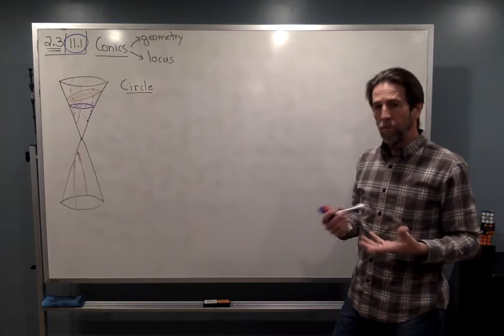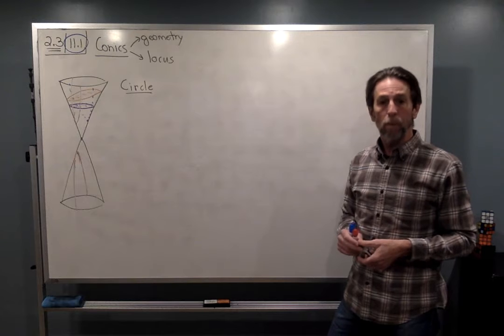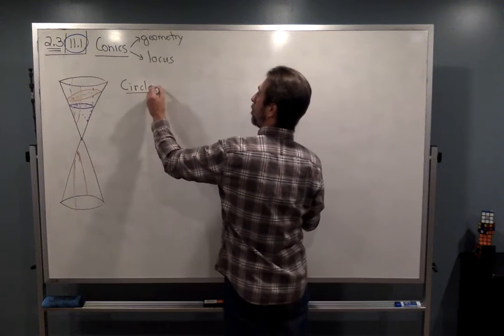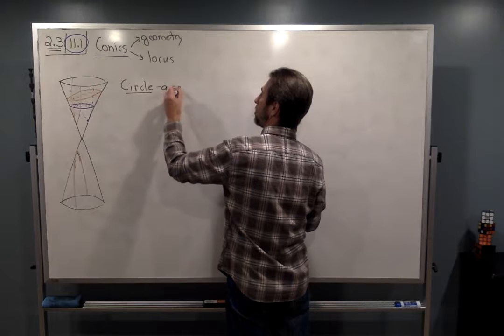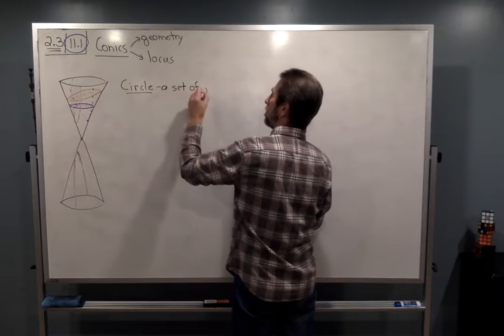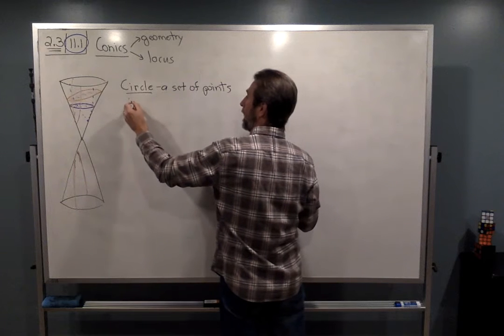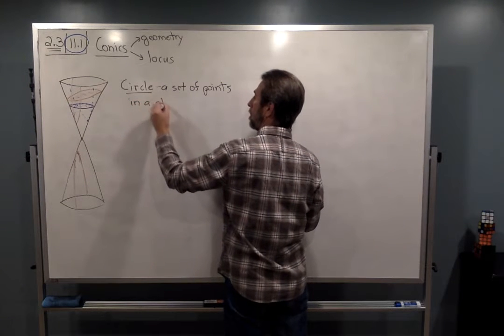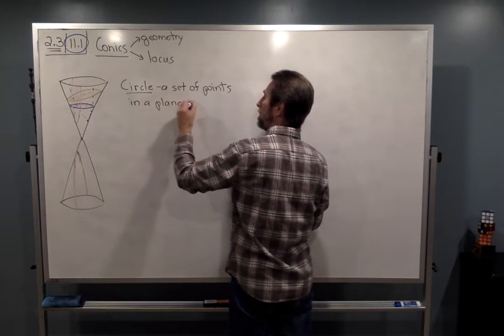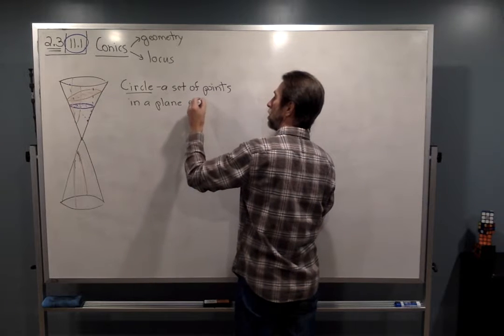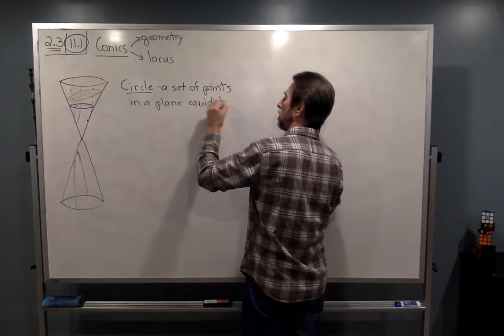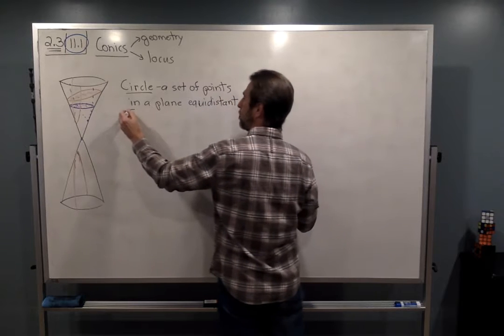A circle, you might remember from geometry, is a set of points. If we look at the formal definition, it is a set of points, we do want them in a plane, equidistant from a fixed point.